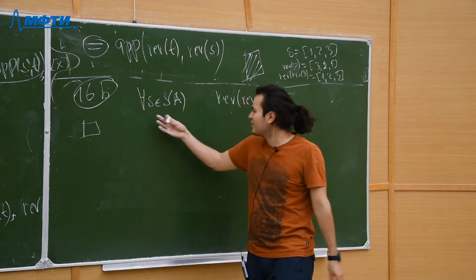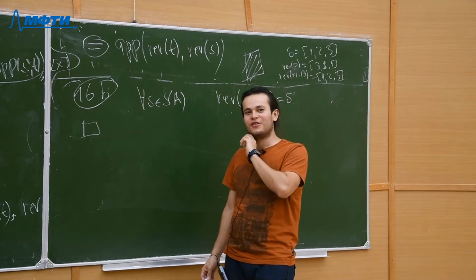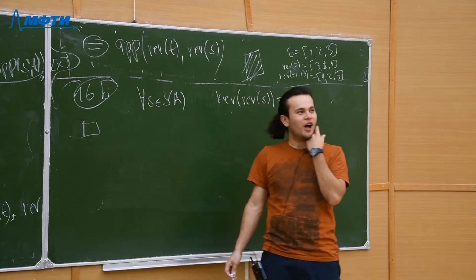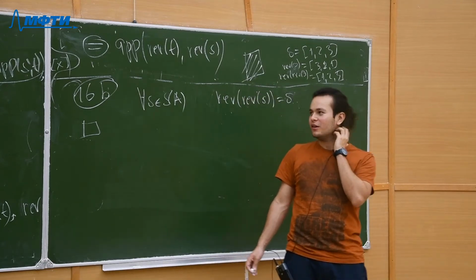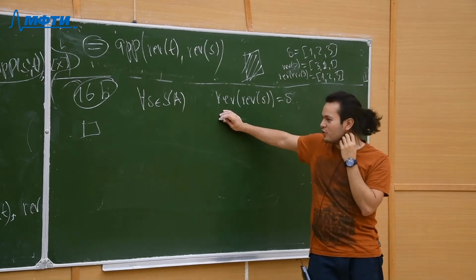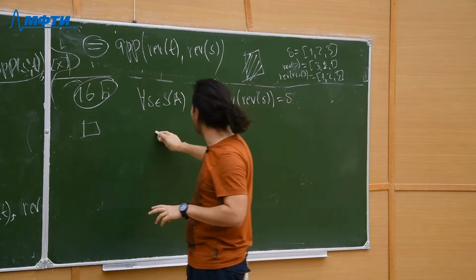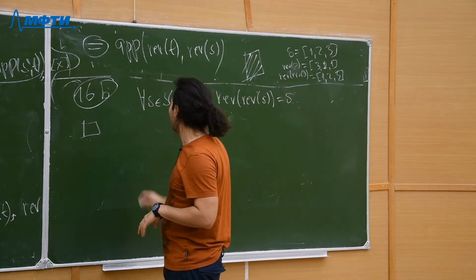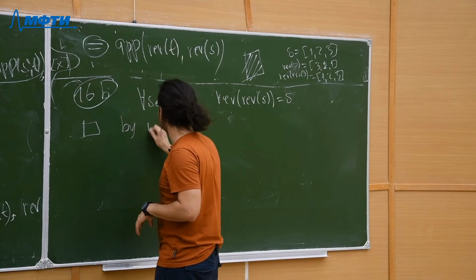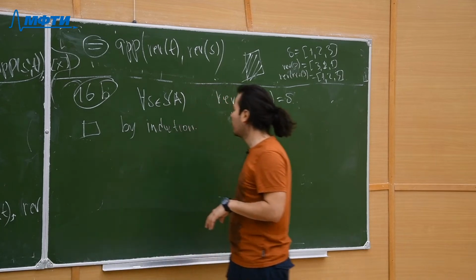What have we done before to prove anything? How did we prove it? By induction. So every time you have something like this, you have to do it by induction. That's 100%. Well, not 100%, but almost sure. Okay, so by induction on S. Just by induction.